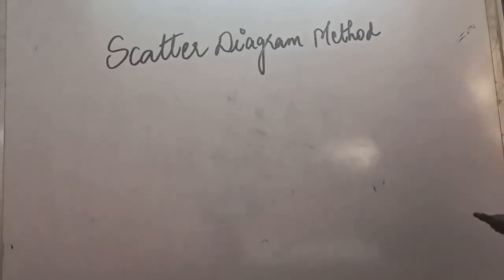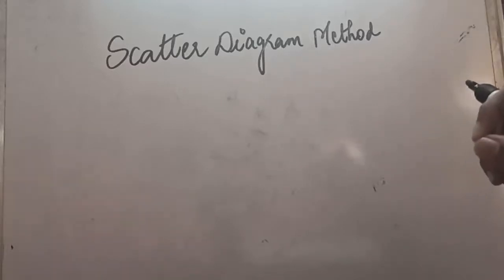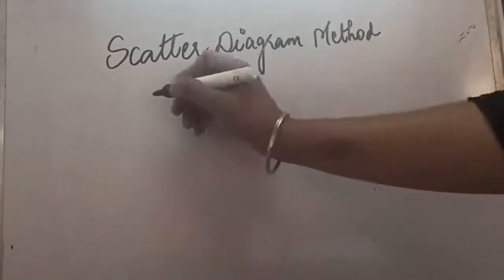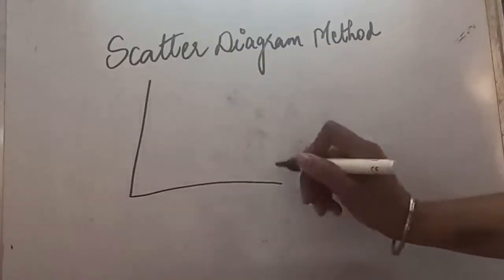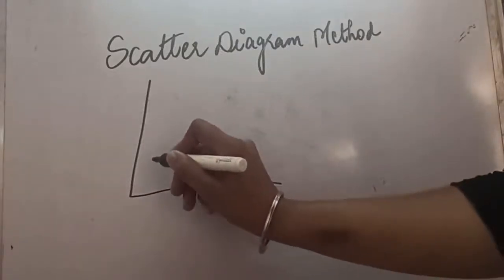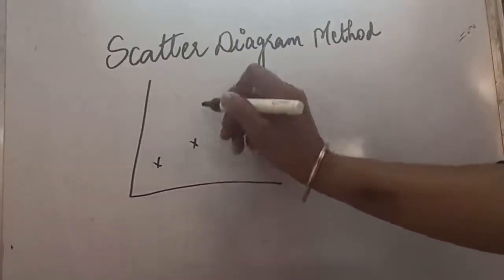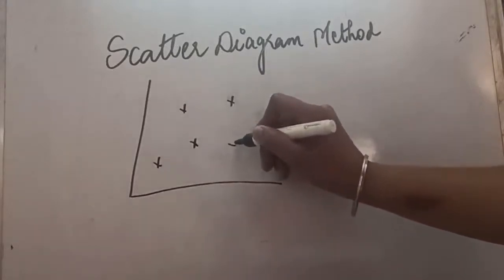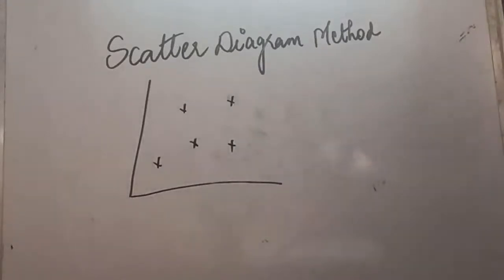It is a very simple method in which we just plot the points on a graph like this. We will just put the points wherever the points are coming, and we do not join these points.